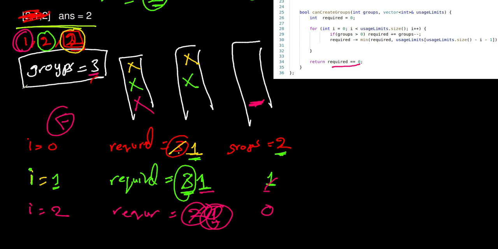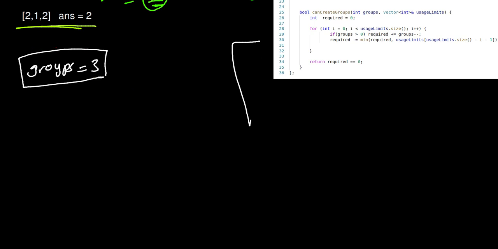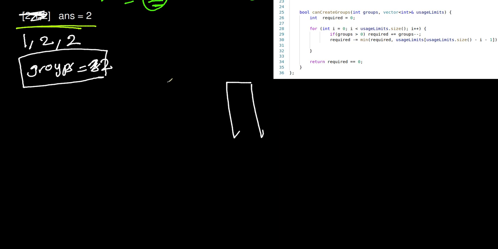Let's see for groups equal to 2, how can this return true? Now groups equal to 2, and as we said, we need to sort the array, so we have 2 groups.